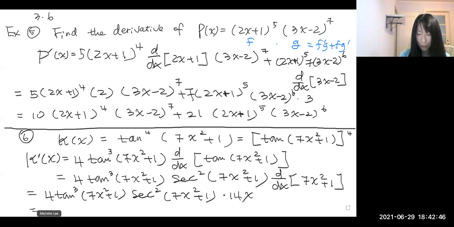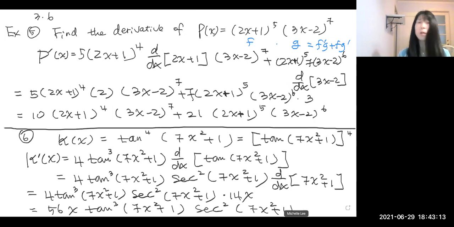So 14 times 4, what do you get? So let us write down in front: 14 times 4, 56. 56x tan cubed of (7x to the second power plus 1) and secant squared of (7x squared plus 1). Okay? That is the final answer.